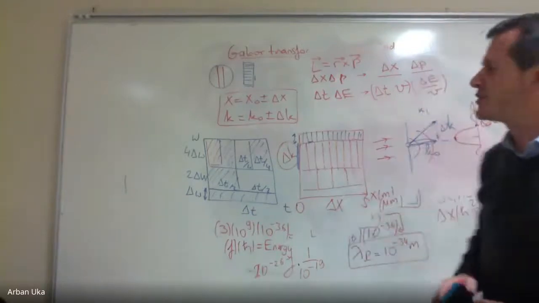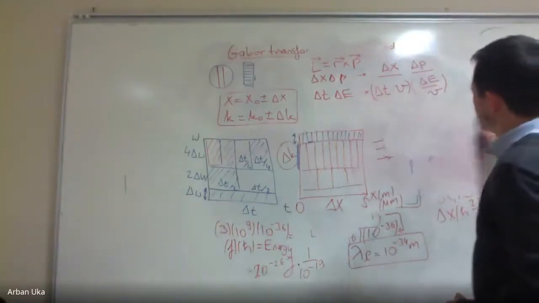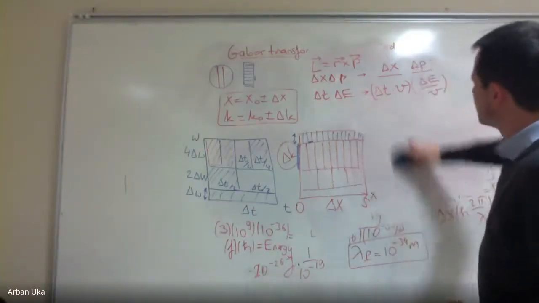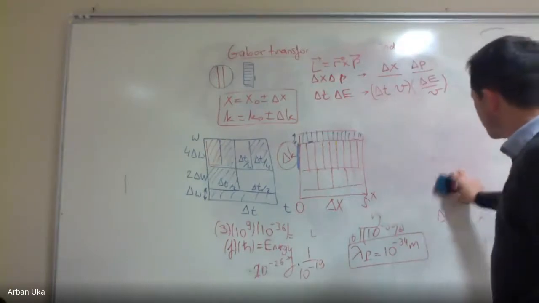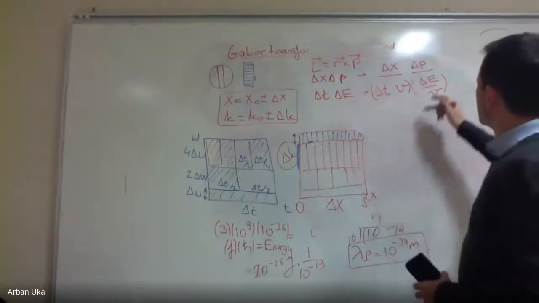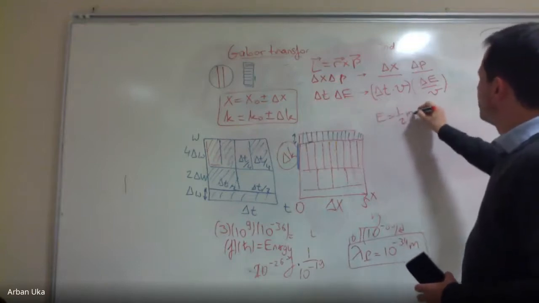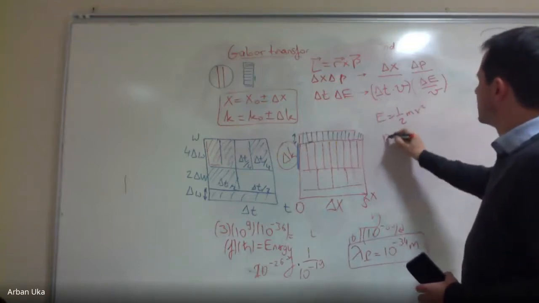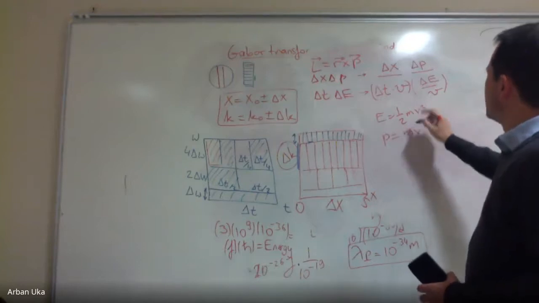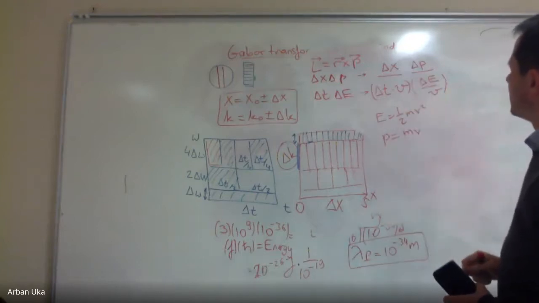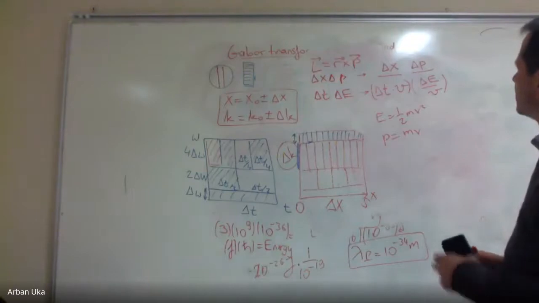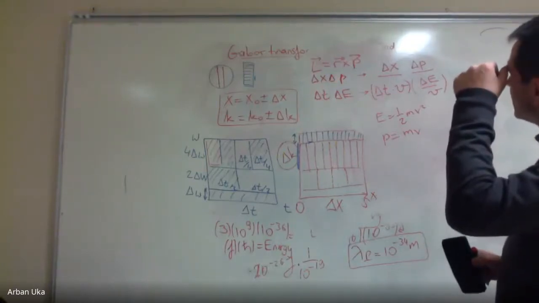Yeah, so that one goes away, and this is a very fundamental question. This is a very important one, but in principle, I think we remember that energy is 1/2 mv squared, right? Linear momentum is mv.